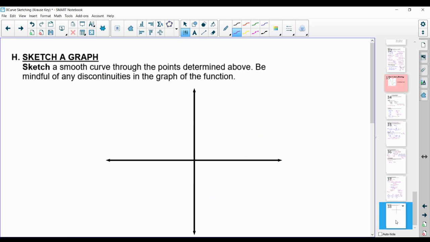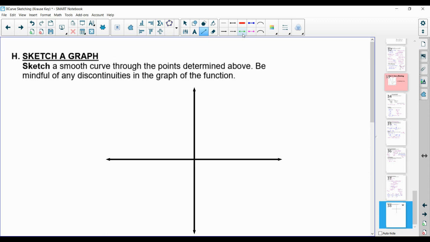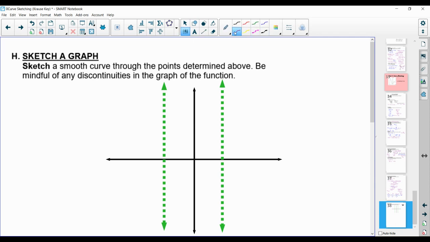So we know that we have a vertical asymptote at -1, and we know that we have a vertical asymptote at +1. So we're going to start by graphing, and if you had a ruler, you'd be graphing your asymptotes here. So we have a vertical asymptote at x equals -1, and we have a vertical asymptote at x equals +1.